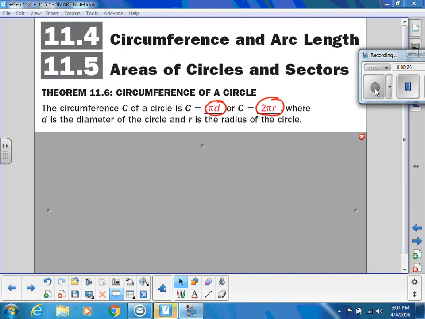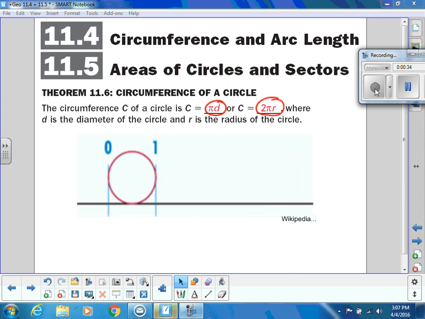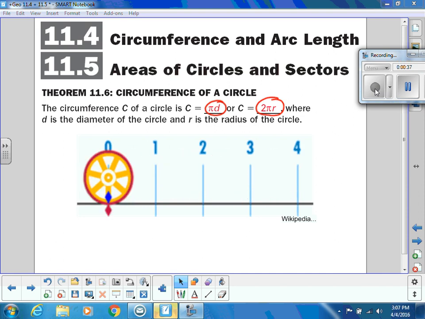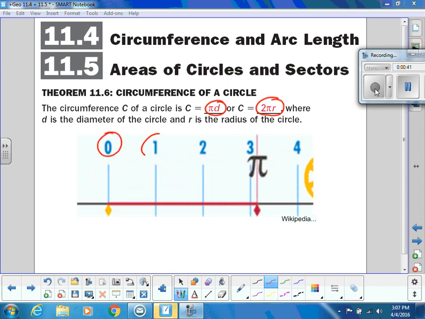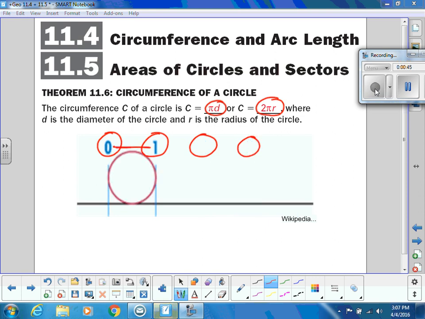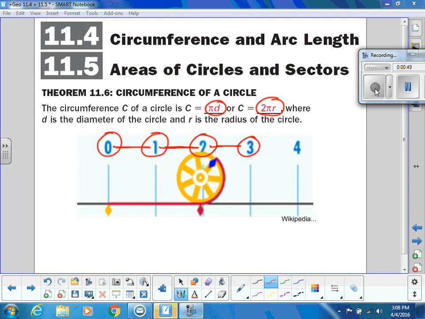And this is a nice little visual of why that works. So if you think about a wheel, and I take that wheel and roll it out, I've got the circumference of the wheel, and these numbers marked 0, 1, 2, and 3 are just the diameters that are measured out. That's the diameter of each wheel.